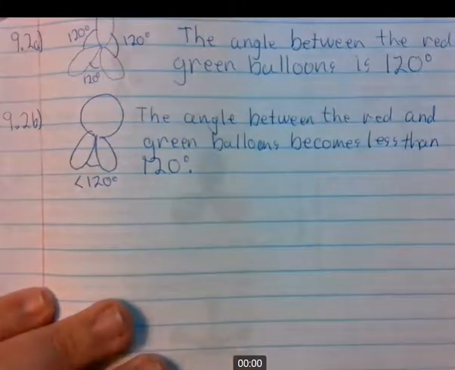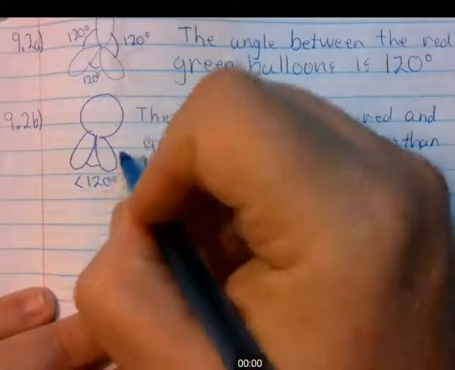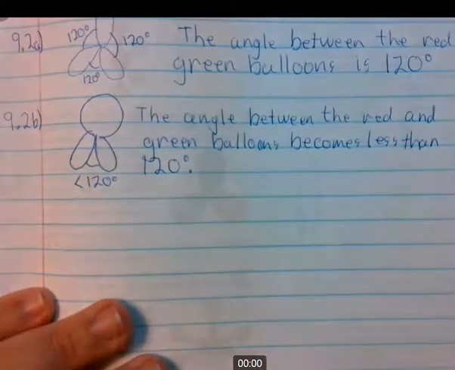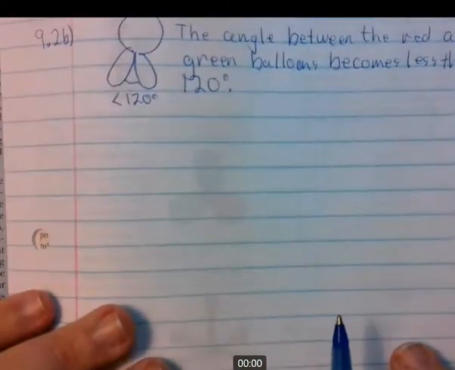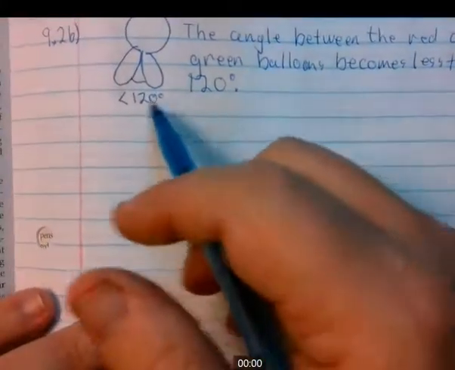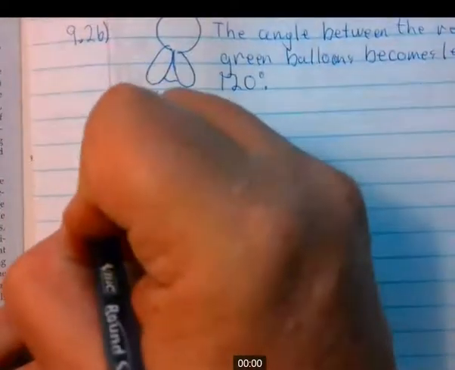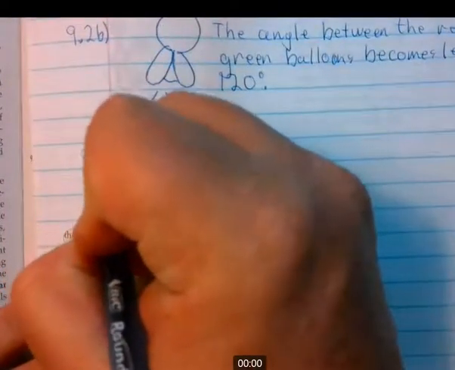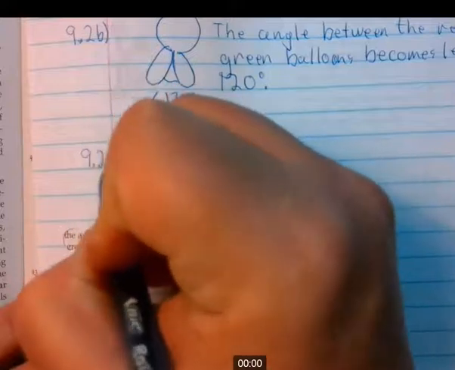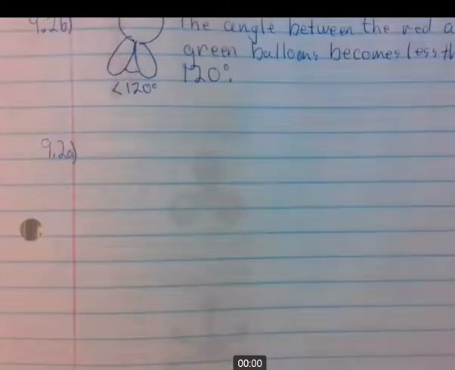So the angle between the red and green balloons becomes less than 120 degrees if this one gets bigger. Okay, and then we're going to skip a line and go down to here, 9.2c. Presentation is not going to get you points on the AP, but it'll keep you from losing points on the AP. You want to be sure your answers are easy to read.